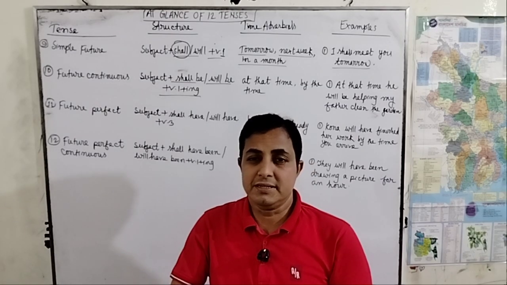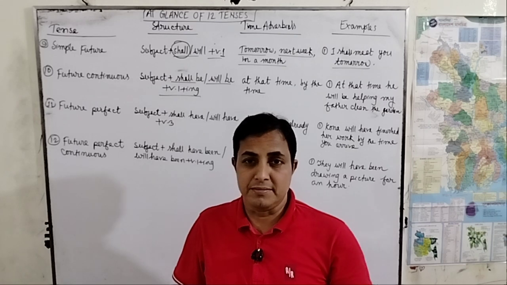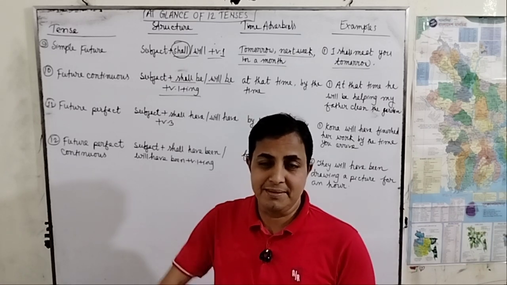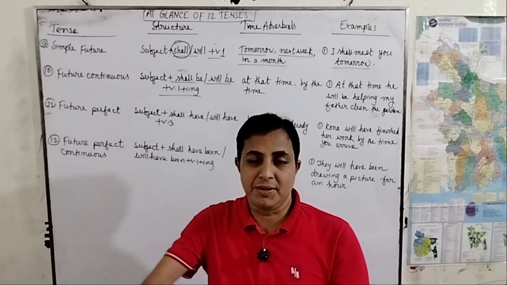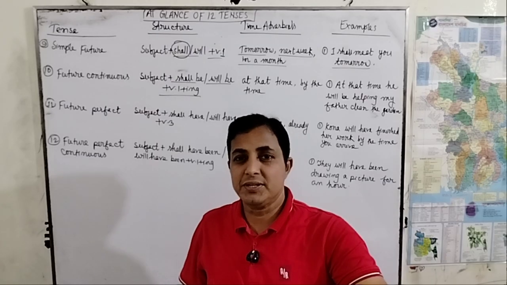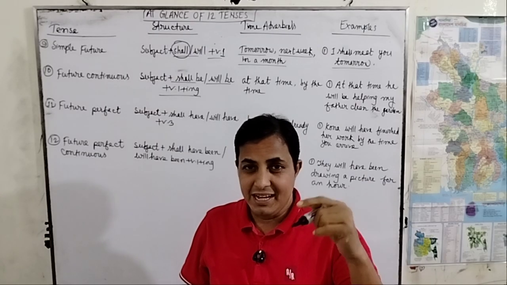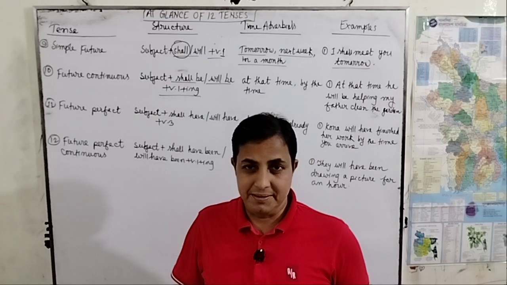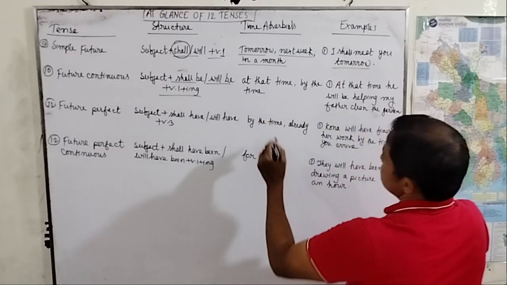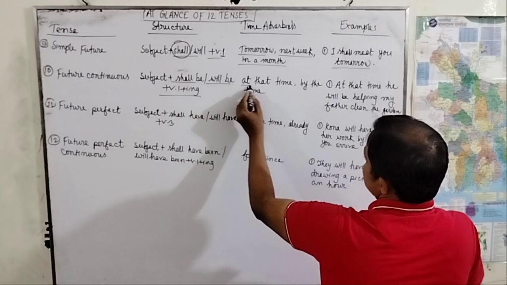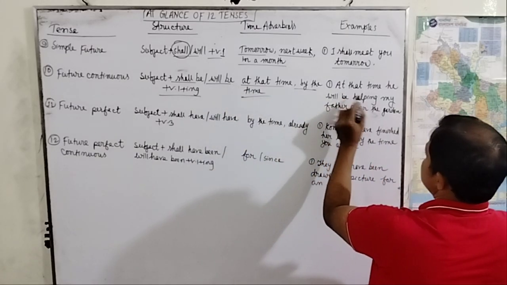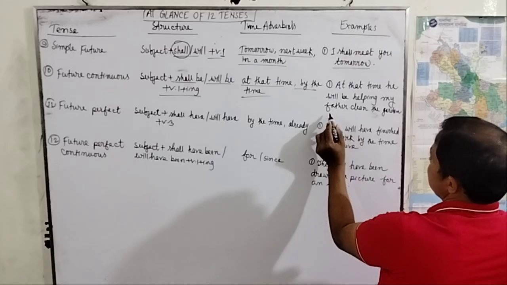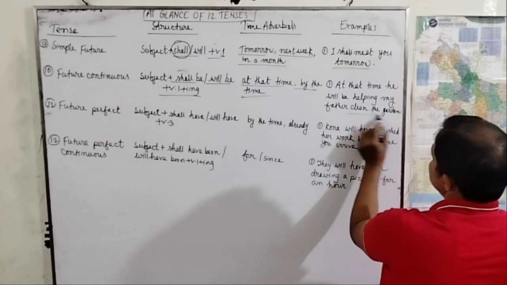But if the subject confirms or makes force, at that time you will exchange. That is the corresponding: after first person will, and after other persons shall. And time adverbials: at that time, by the time. Example: at that time he will be helping my father clean the garden.